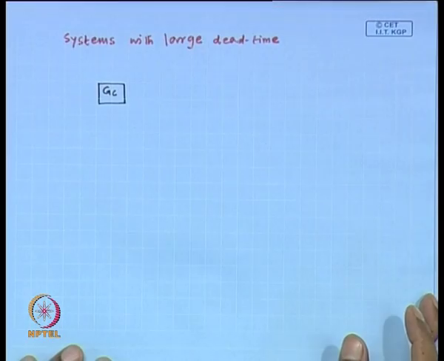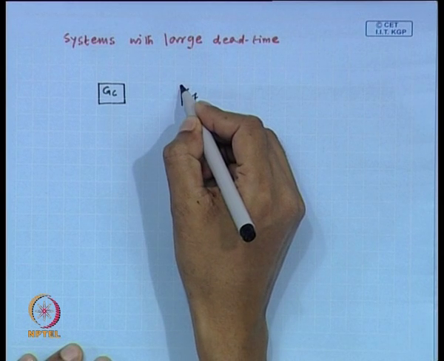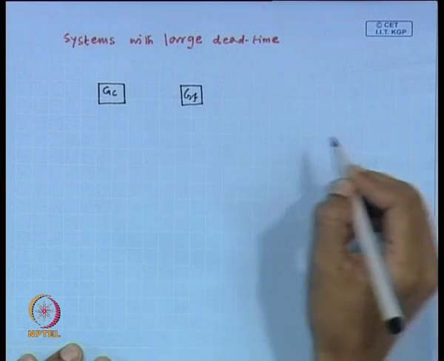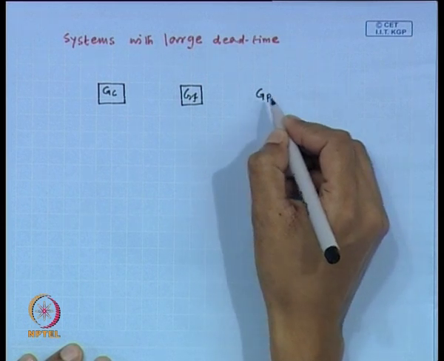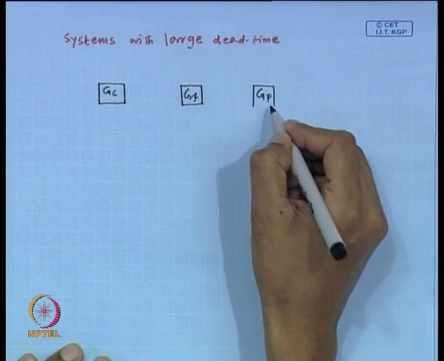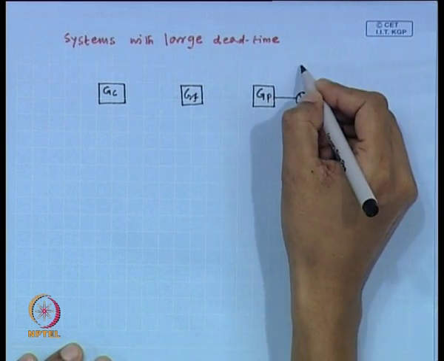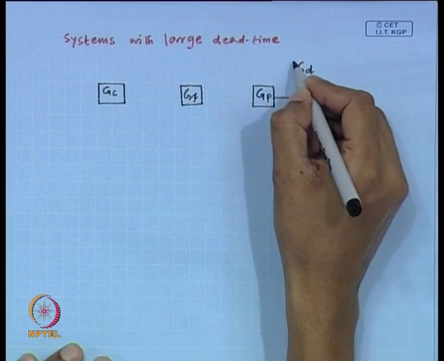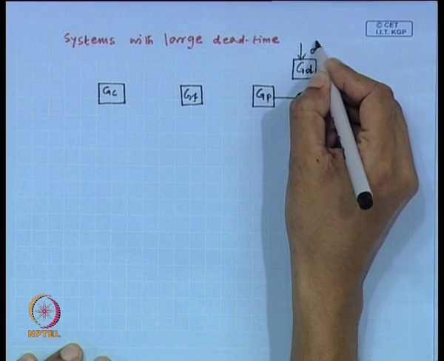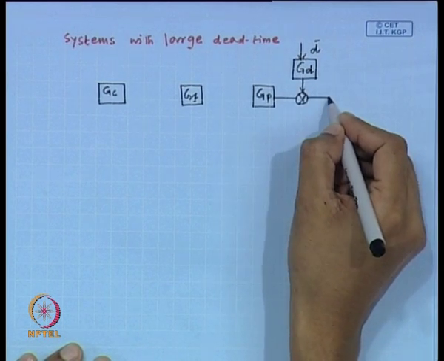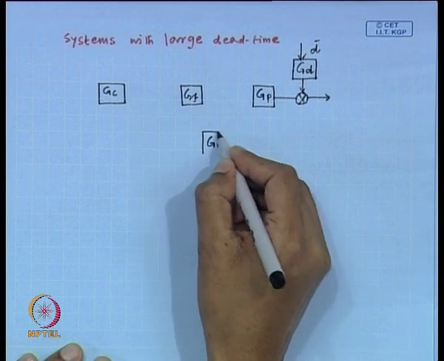One is the controller, the final control element, the process, and the measuring device.